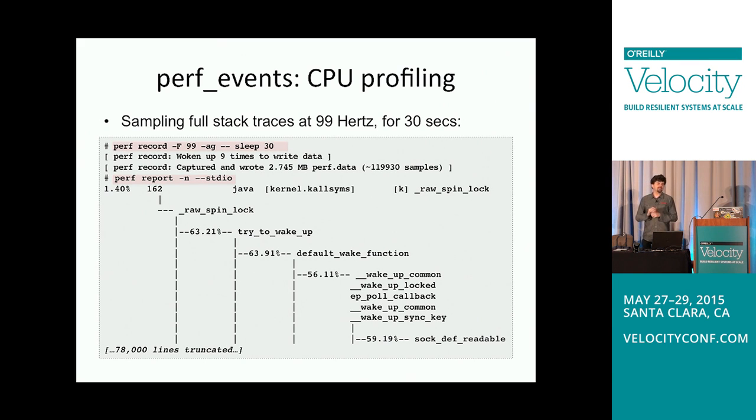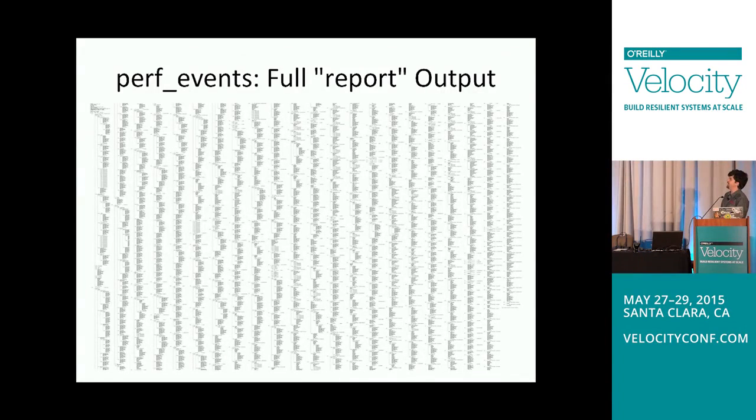That's great. Sometimes you run perf report, and the output is really long. So there I elided 78,000 lines. That's the full output of perf report for that example. And as a performance engineer, it's not so funny because I need to understand this really quickly.